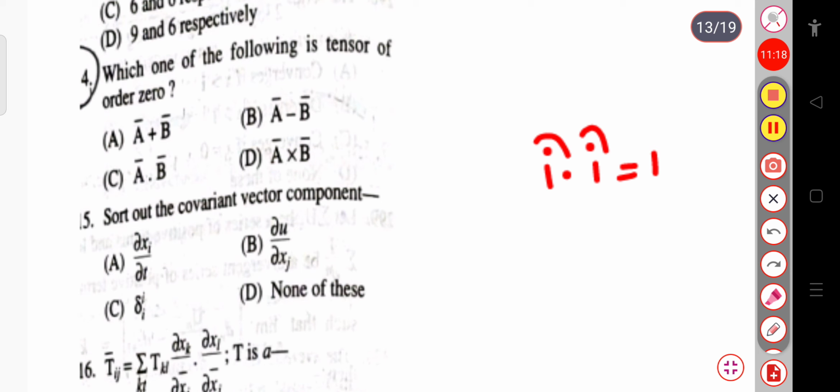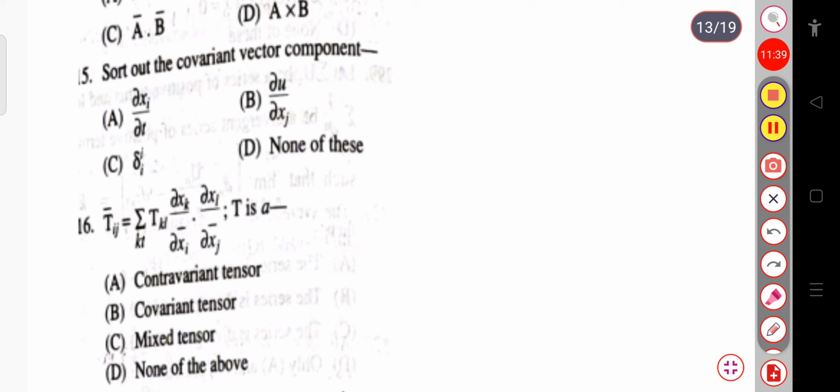But if we take the cross product, that is i cross j, it will give k cap. So it will give a vector quantity. So it is not the tensor of rank 0. So for the tensor of order 0, you have to take the scalar one, that is your A bar dot B bar.